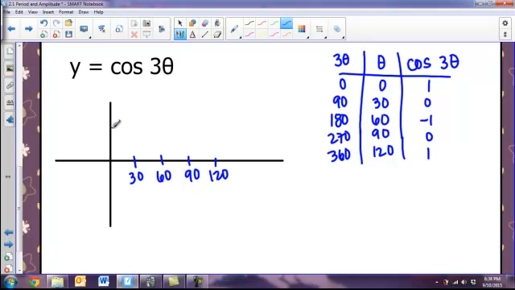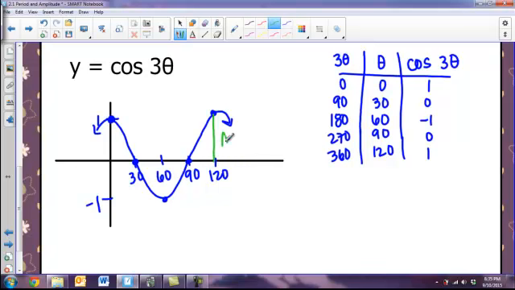So when I look here, my biggest y value is 1, my lowest y value is negative 1. I'm at 0, 1. Then I'm at 30, 0. We're at 60, negative 1, 90, 0, and 120, 1. And then I connect my dots in a curve. Ooh, okay. And so you see here, my amplitude didn't change.